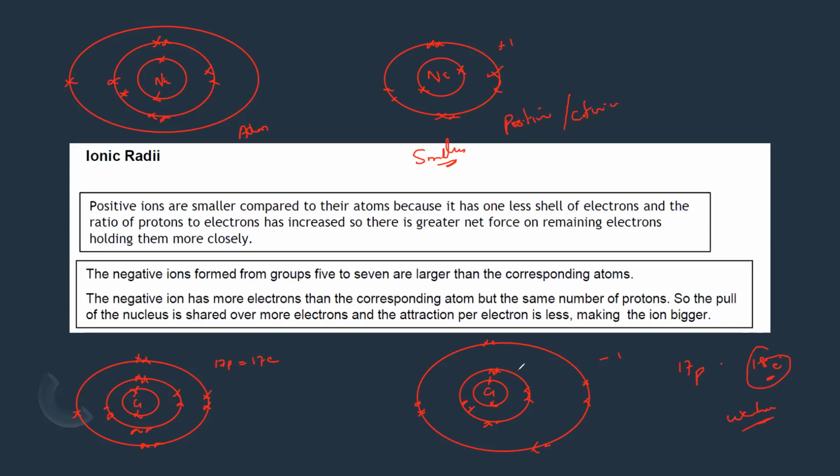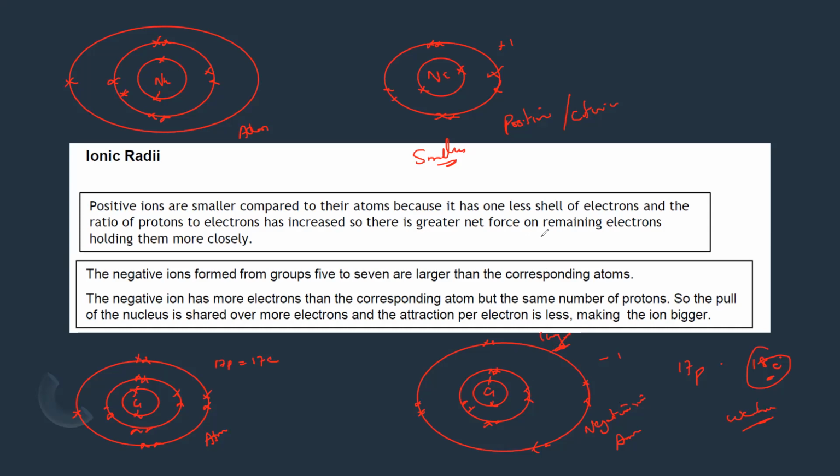As the attraction on each electron is weaker, when we compare the size of the negative ion, or anion, with the size of the atom, we find that the negative ion is larger than the atom.